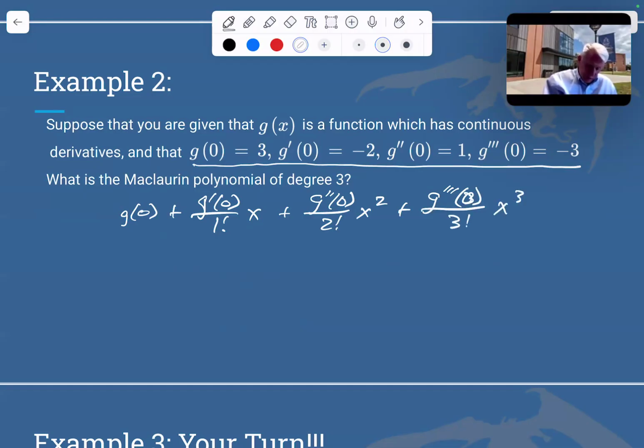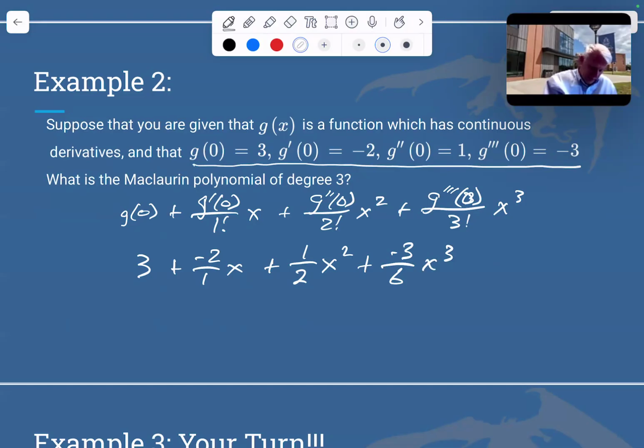So g of 0 is 3. I get the first derivative is going to be negative 2 over 1 x plus the second derivative is 1 over 2 x squared plus the last one is negative 3 over 3 factorial. So 3 factorial is the same as 6, I'll write down as 6x to the third.